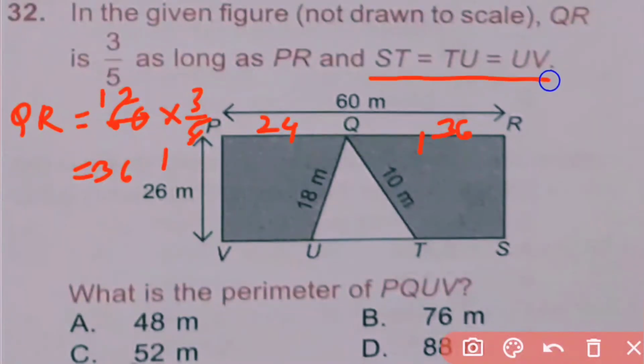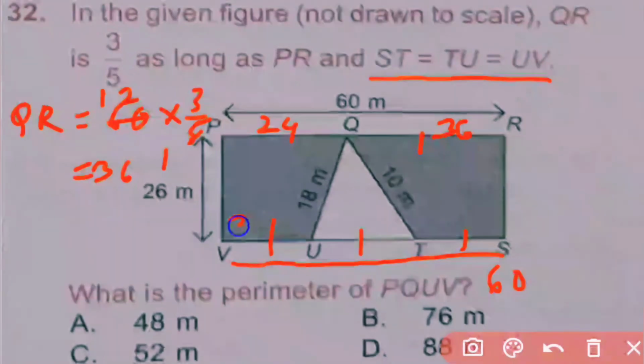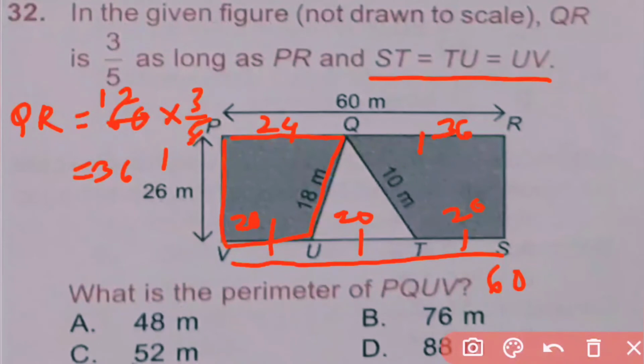And here given UV is equal to UT is equal to ST, and this total length is 60. 60 is divided equally into 3 parts, means UV is 20, TU is 20 and ST is 20. And here we have to find out the perimeter of PQUV, means addition of all these sides.